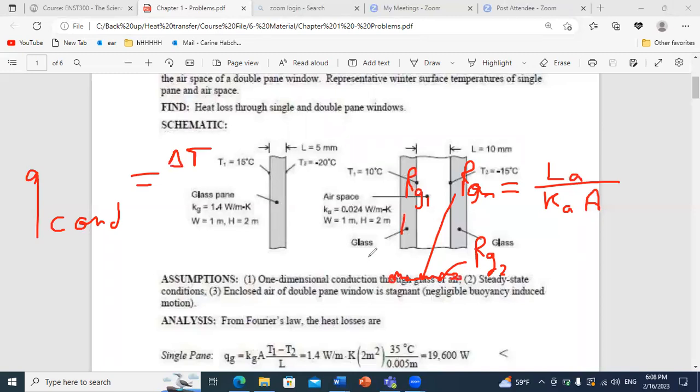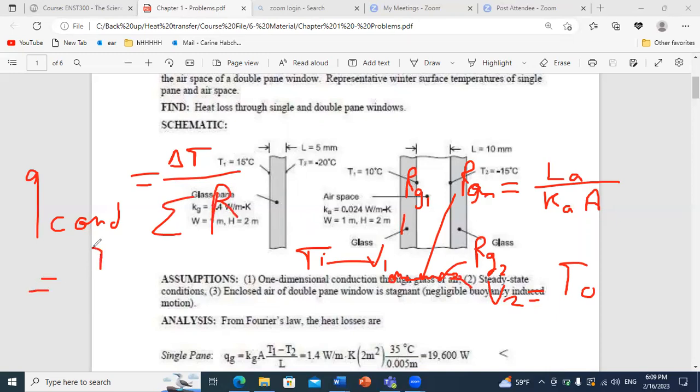Instead of V1 we have T inner, and instead of V2 we have T outer. So Q conduction will be delta T over the sum of resistances, because the resistances are placed in series. So we have T inner minus T outer over the summation of resistances.